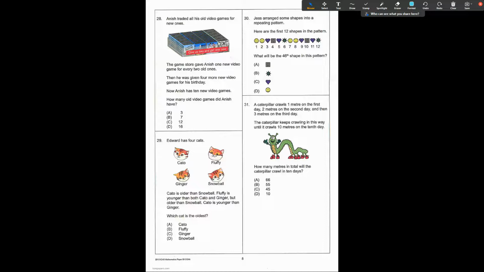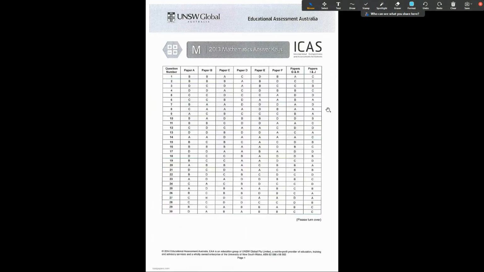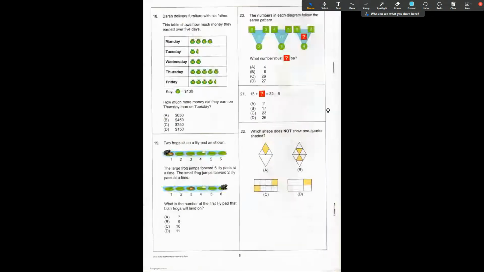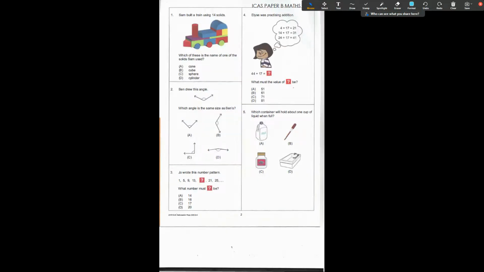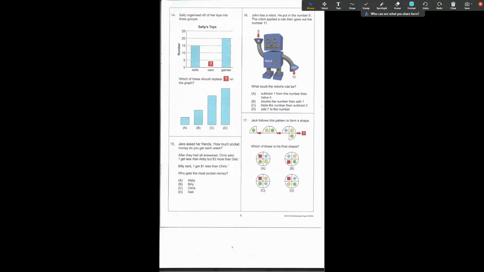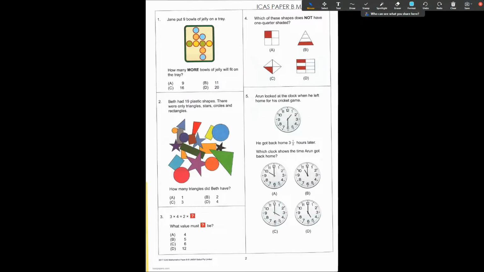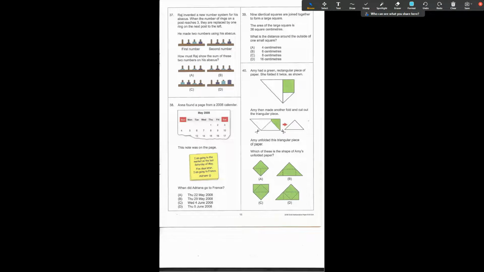It was from 2016B. Let's go to question 20 from 2016B. I don't think I actually voted or something. Anyway, whether you've done it or not, don't worry.